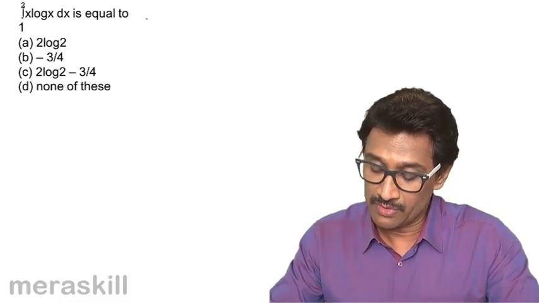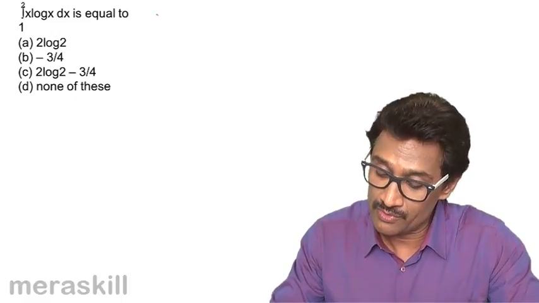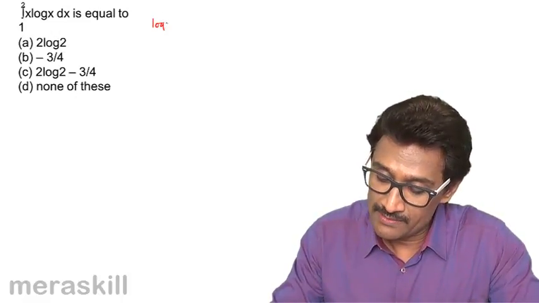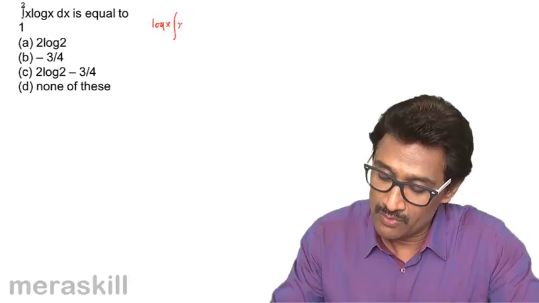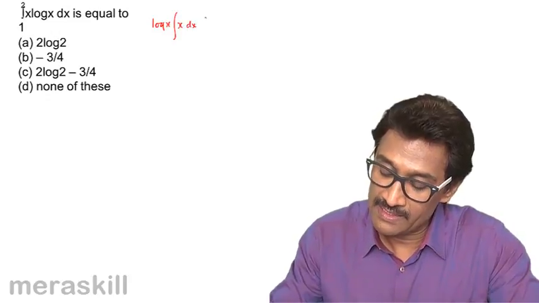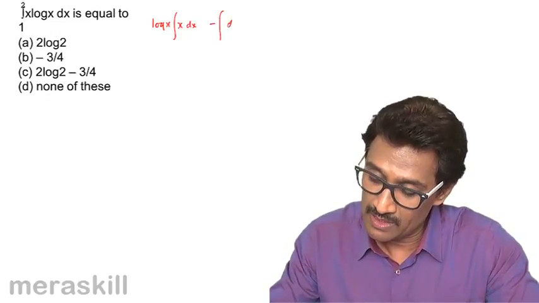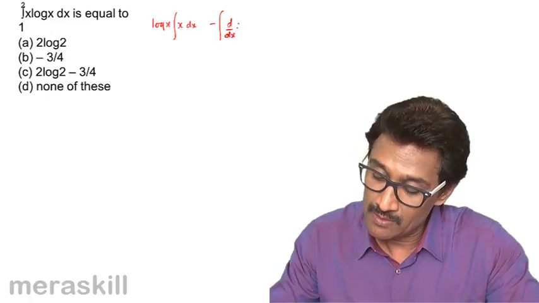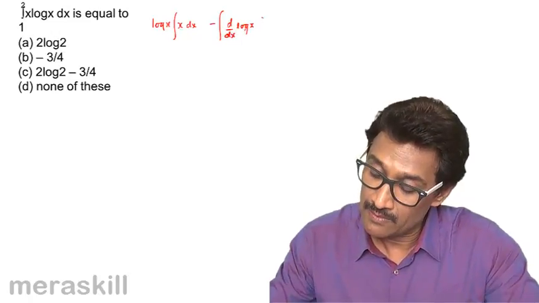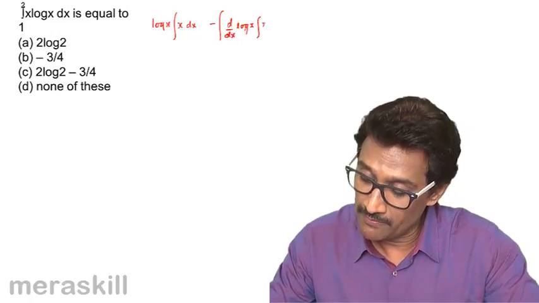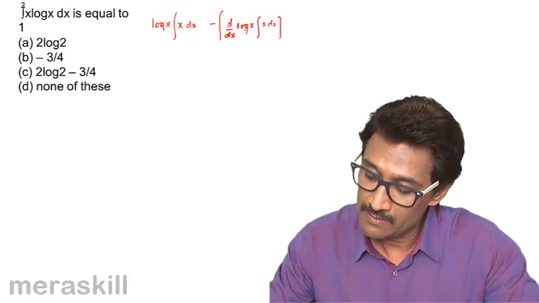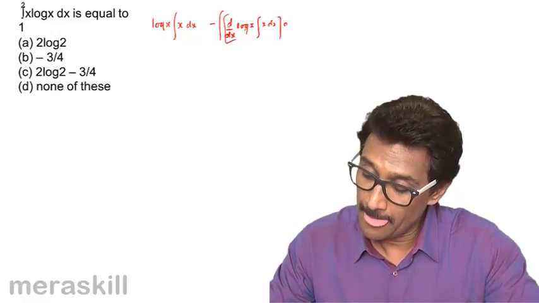Okay, integral of x log x dx from 2 to 1. So we'll have to do definite integral over here. So it's going to be log x into integral of x dx minus d by dx of log x into integral of x dx, the whole dx.